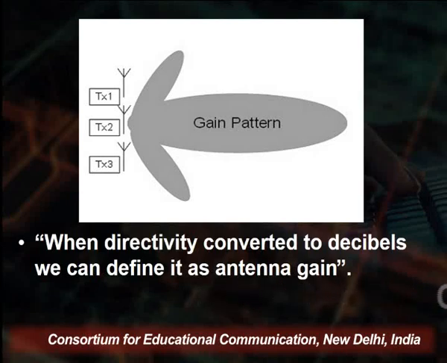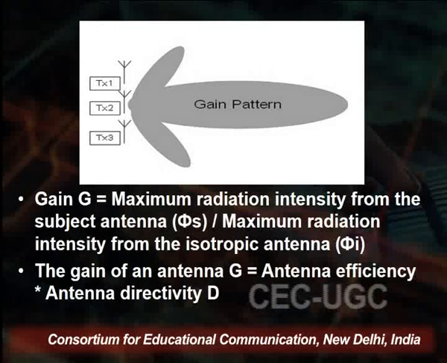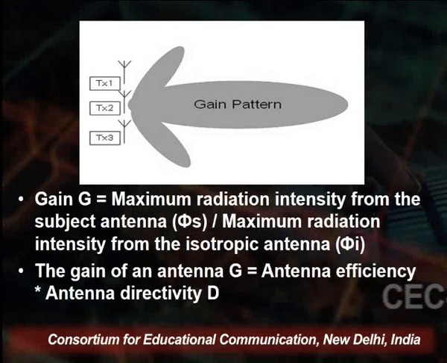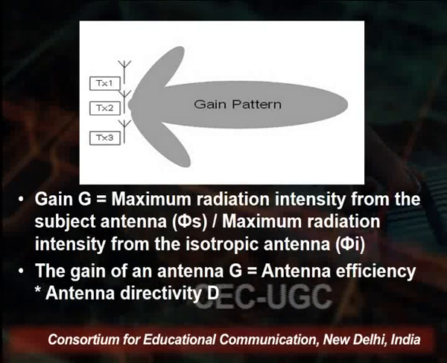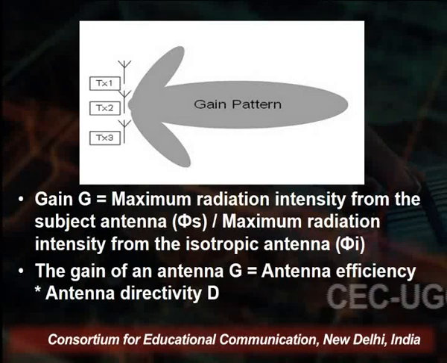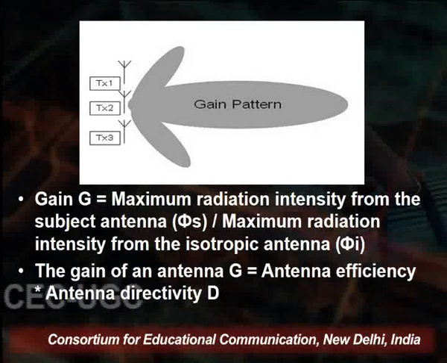When the directivity is converted to decibels, we can define it as antenna gain. Now gain is equal to the maximum radiation intensity from the subject antenna, that is phi_S, divided by the maximum radiation intensity from the isotropic antenna, that is phi_I.